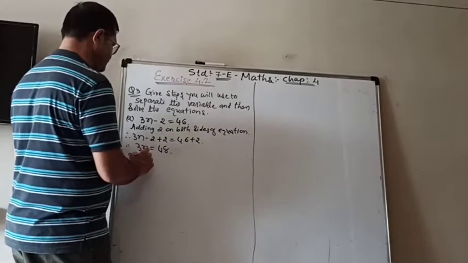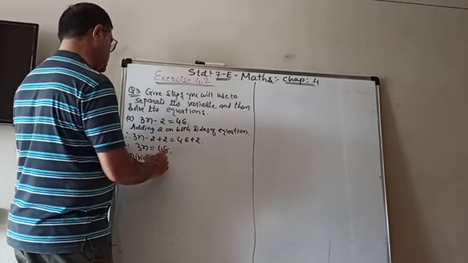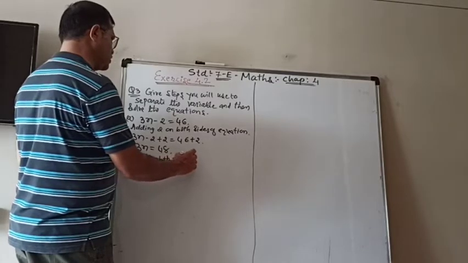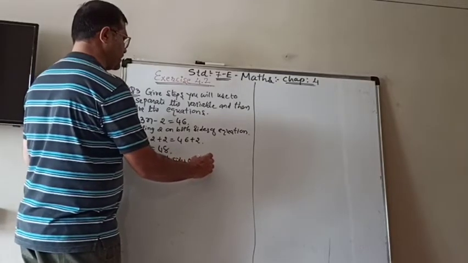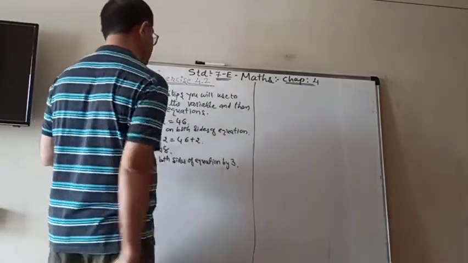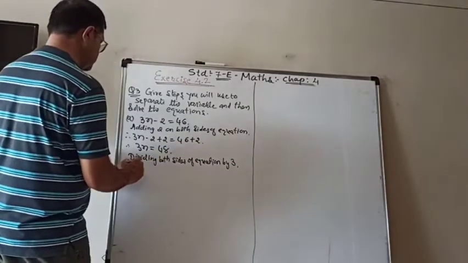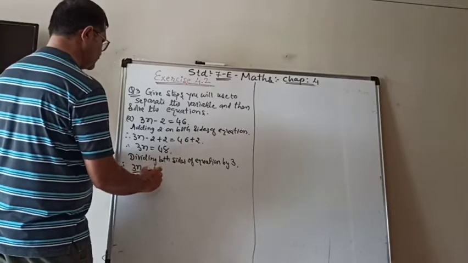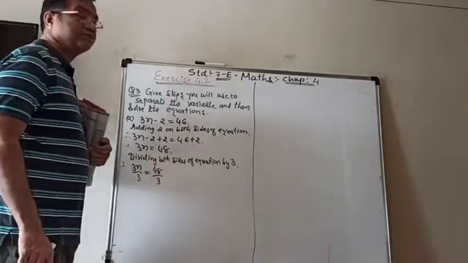So dividing both sides of the equation by 3. So 3n upon 3 is equal to 48 upon 3.